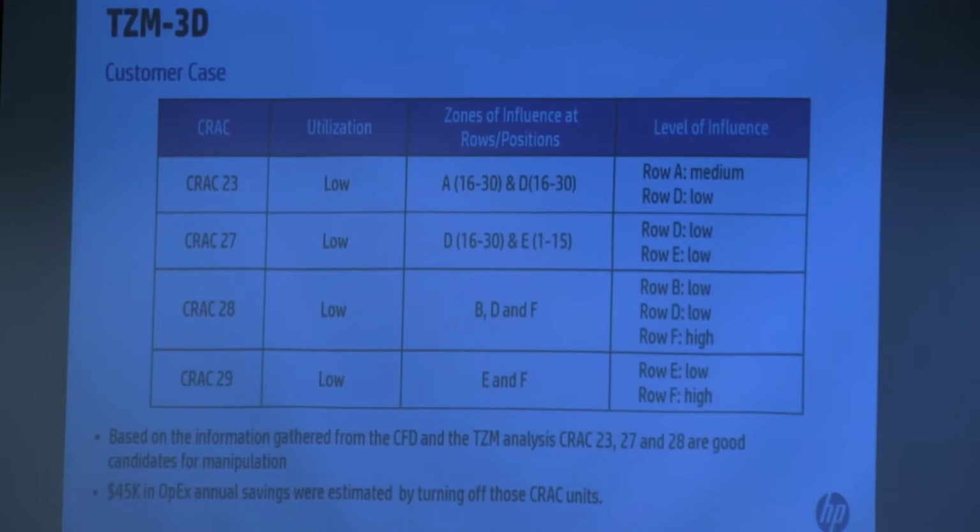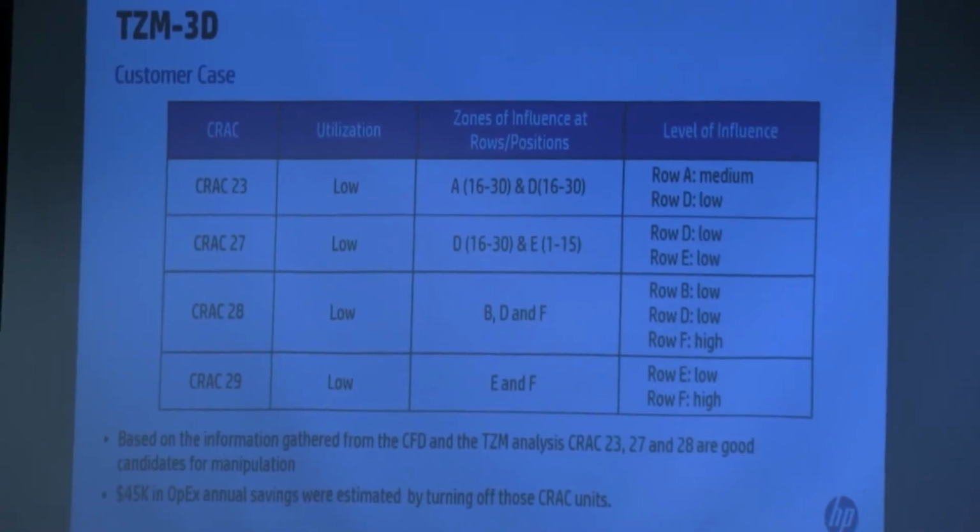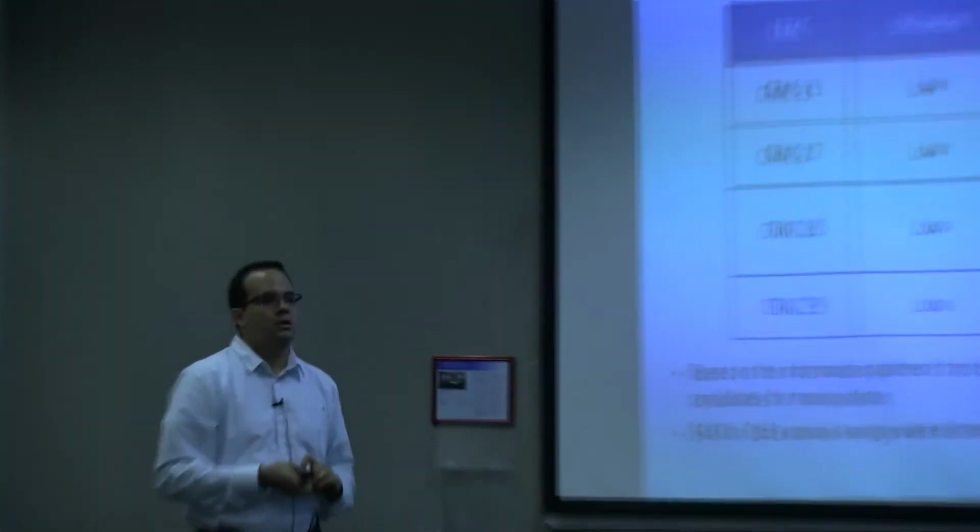With that analysis, we were able to turn off 3 crack units in their data center, and the savings were around $45,000 per year. So it's just an example of using CFD tools, as Felipe showed you, together with these new tools from research that has been worked on with HP Lab these past years, as another example of what you have seen this afternoon.